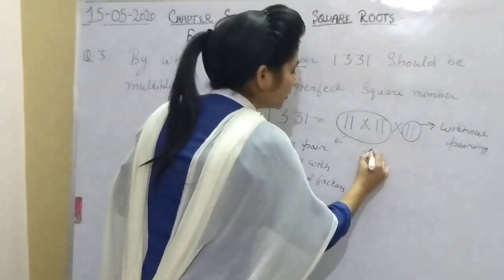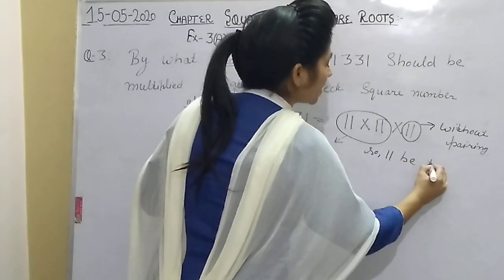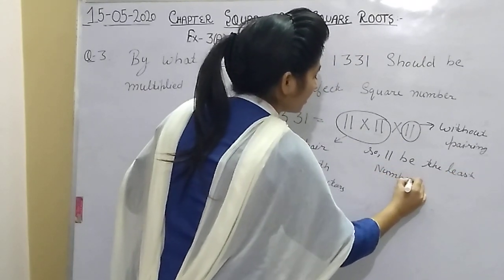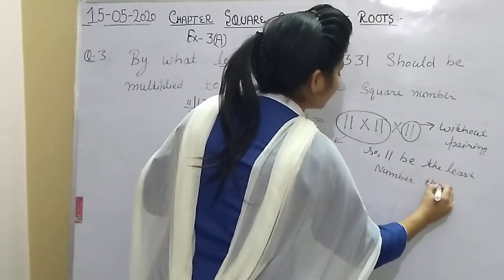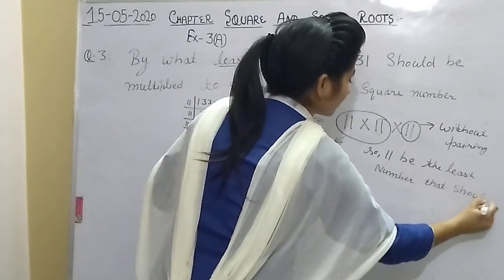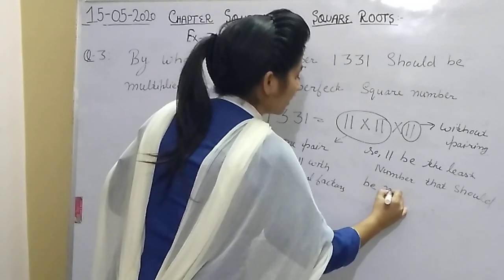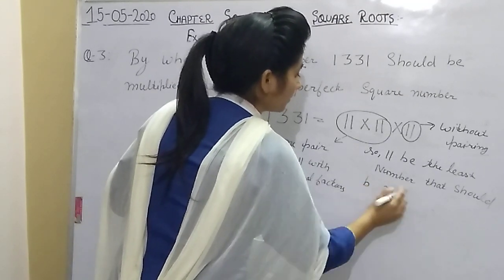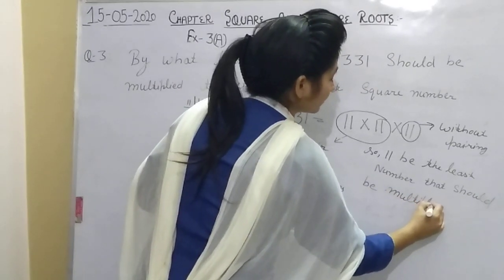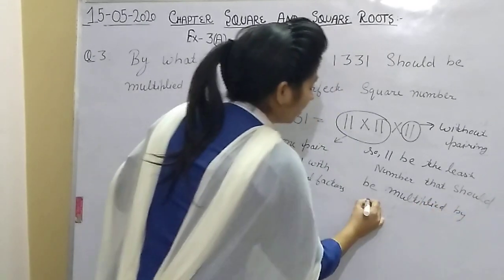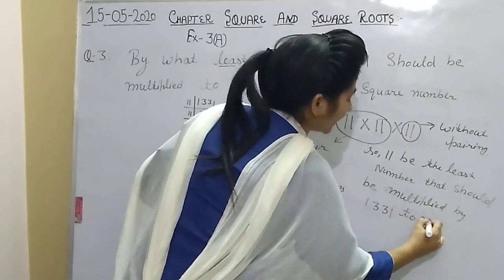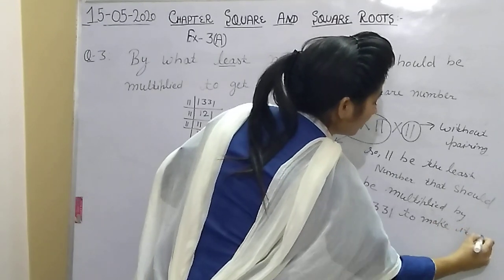So 11 will be the least number that should be multiplied by 1331 to make it a perfect square.